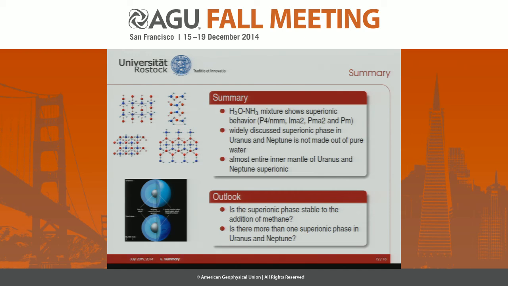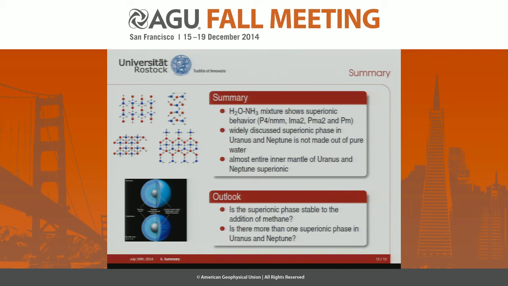What's really interesting and left to consider is what's happening if we add different molecules, like methane. Those kinds of calculations are done by Ed Meyer, also here, and he has a poster on Wednesday, so if you're interested, please see his poster. There's also the question of whether there's just one superionic phase in these planets.